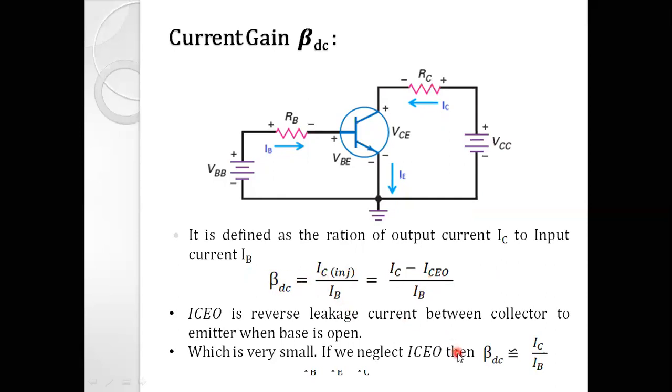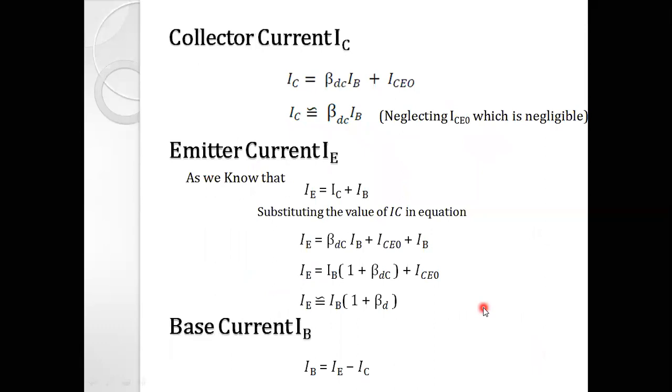So that is the collector current, right? And we can neglect ICEO for simplification purposes, and because of that the equation for the collector current becomes IC is approximately equal to beta DC into IB, right?